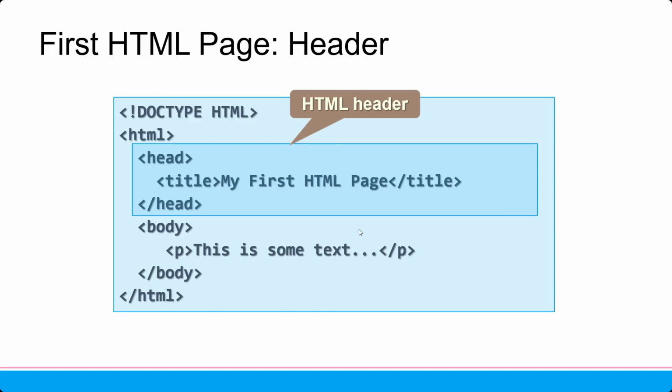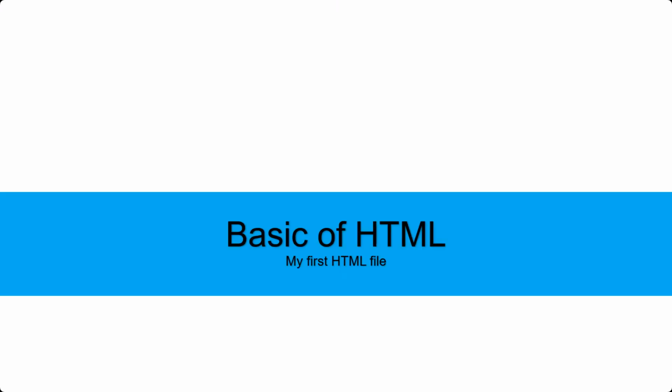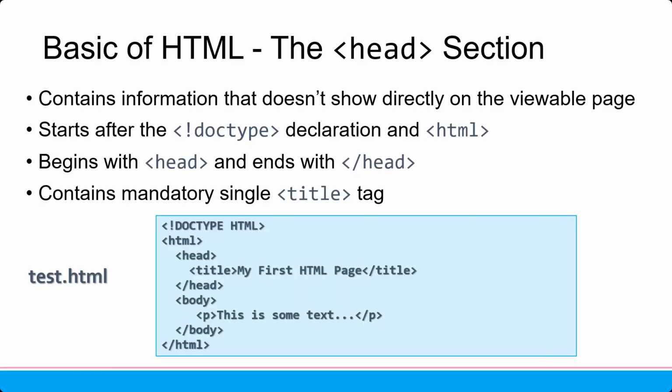And body is located in the content of the web page. Okay, so that's the overview of the HTML. Now, for today's class, I would like to just explain about the head. We will continue with the body next week.